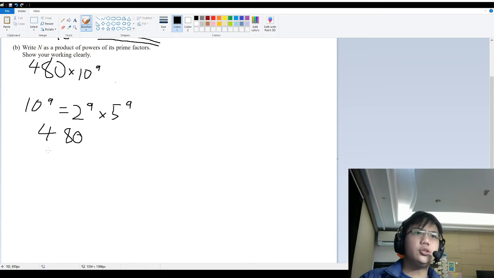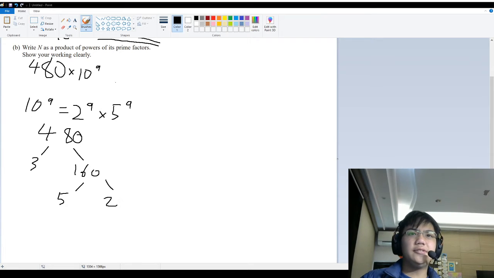So we know that 480 is 3 times 160, and 160 is 5 times 2 to the power of 5, which is 32. So here we've divided 480 into its prime factors.